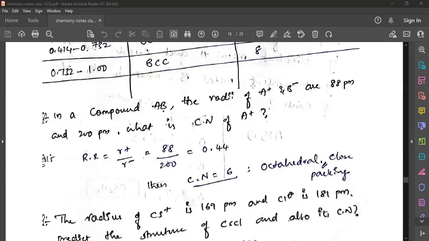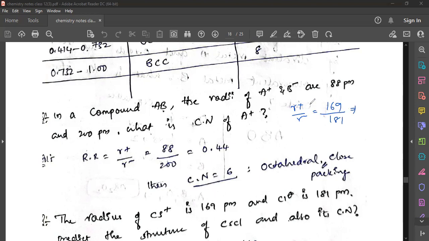What is the answer? The radius of Cs plus ion is 169 picometers and the Cl minus ion is 181 picometers. Predict the structure of CsCl and also its coordination number. So if you take this radius ratio r plus by r minus equal to 169 by 181, what will be the answer?